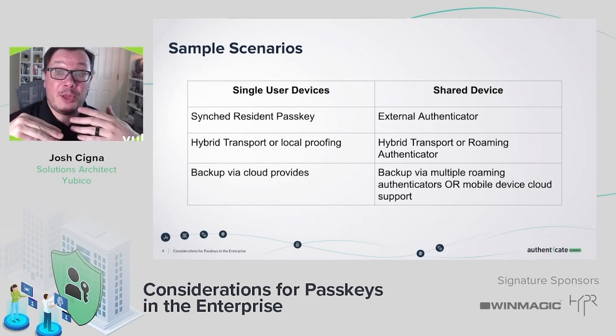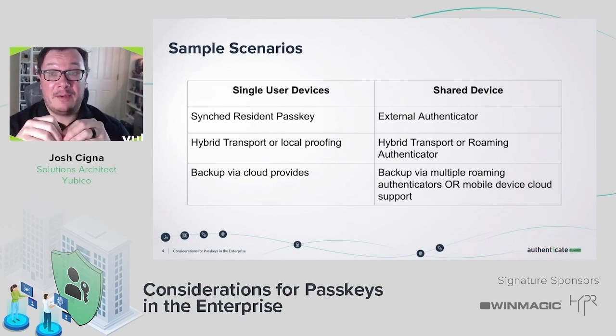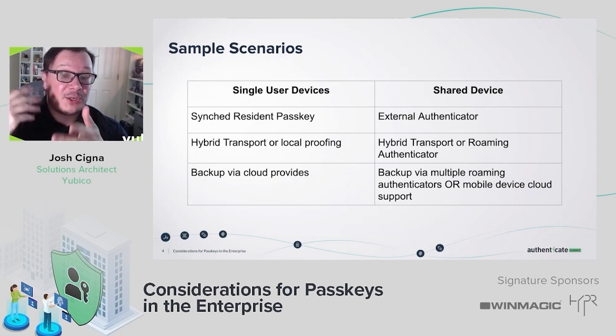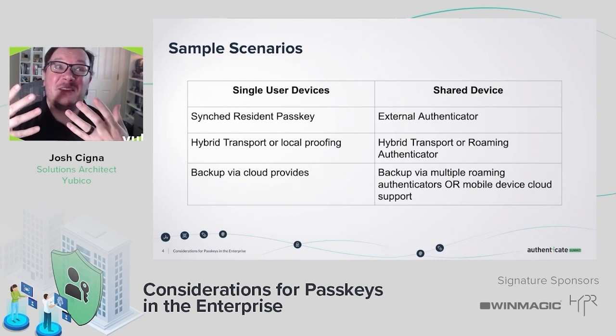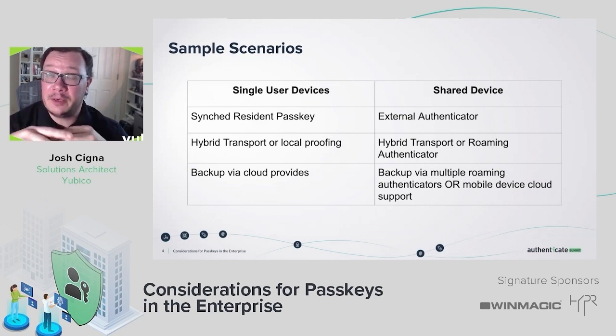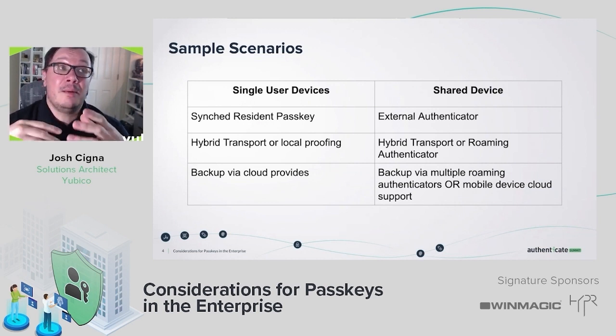Also, think about what your backup plan is going to look like if you've got a roaming authenticator or an external authenticator. Again, if it's an external authenticator that lives on a mobile device, you can use Cloud Sync, which is very useful. It's one of the best features of Passkeys, that recoverability and survivability. If it's a mobile restricted environment and you need to use some sort of roaming authenticator, make sure you work that into your plan, and make sure people understand what the registration process is going to look like in those scenarios.